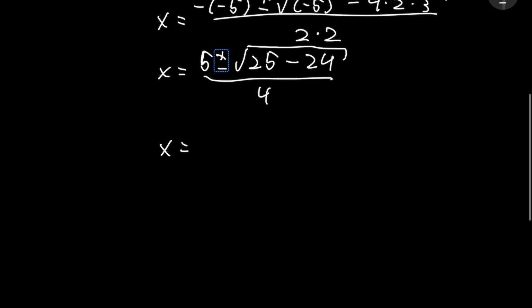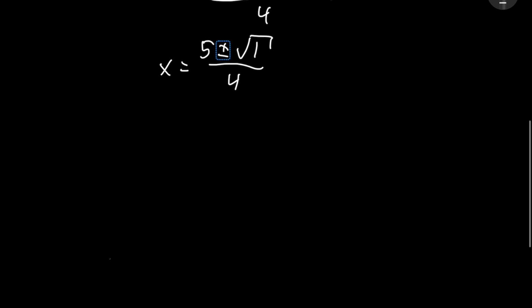x equals 5 plus minus the square root of 25 minus 24, which is 1, divided by 4. x equals 5 plus minus the square root of 1, which is 1, divided by 4.